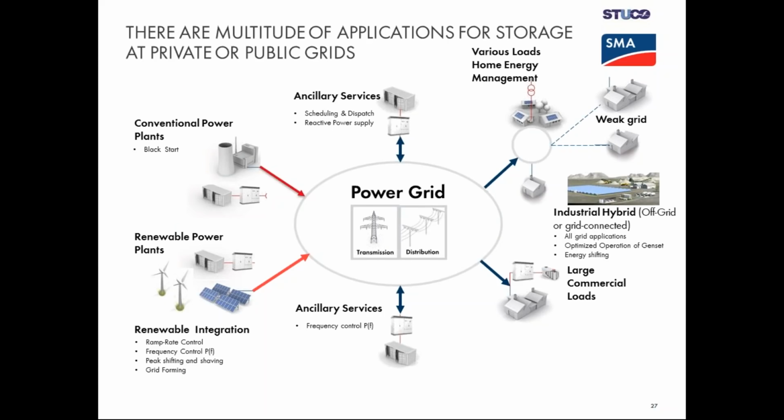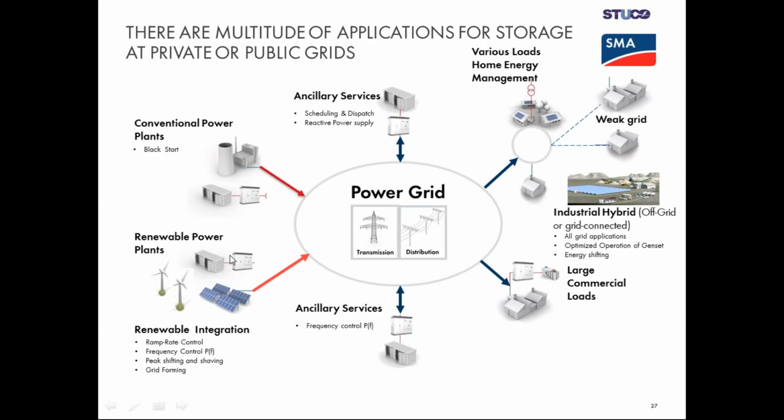And if you look now to the location of these solutions, there are a multitude of applications for storage that can bring benefits to the utilities. Looking at this slide, I can mention, for instance, on the left, the integration of energy storage can be an advantage to provide a black start capability to conventional power plants.